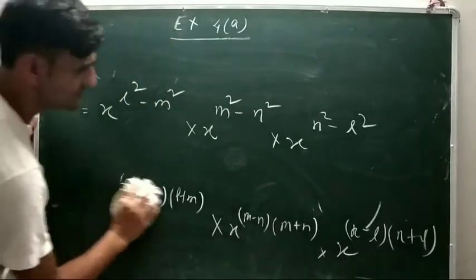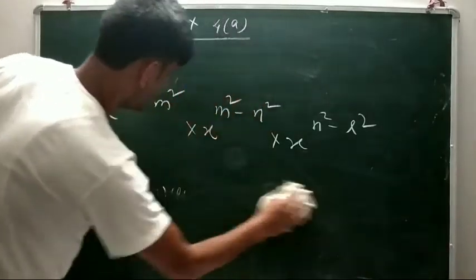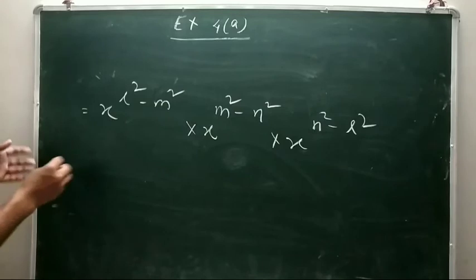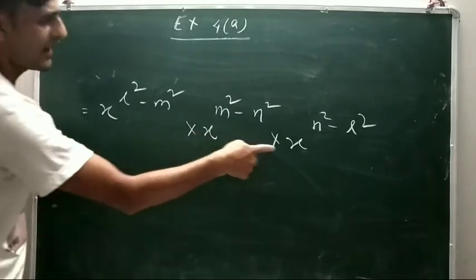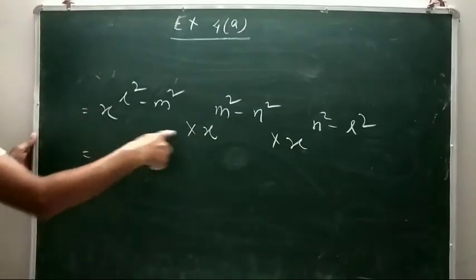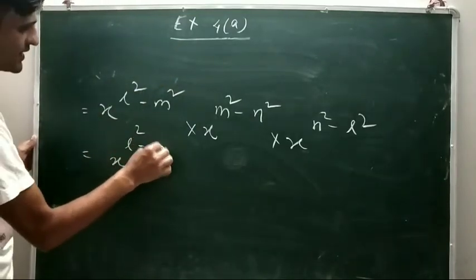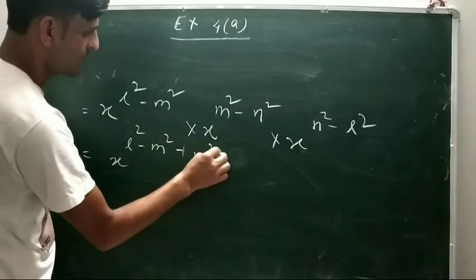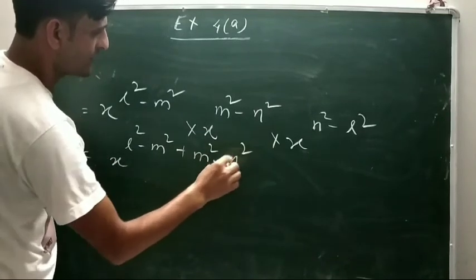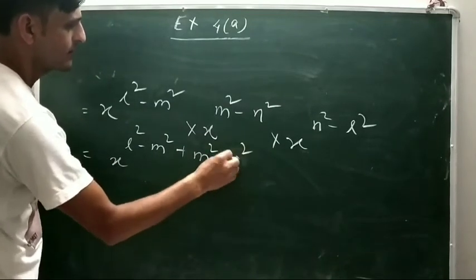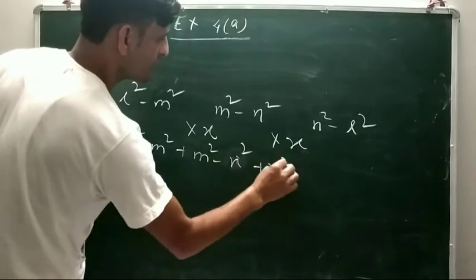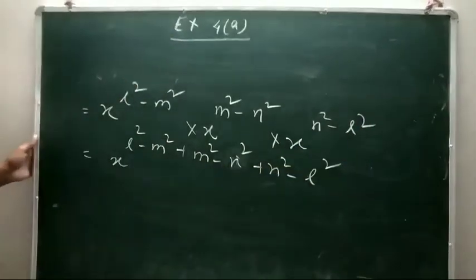Now let's see how we will move to the answer. See, the bases are the same and they are in multiplication, so the powers should be added. So this is L square minus M square plus M square minus N square, then plus N square minus L square.